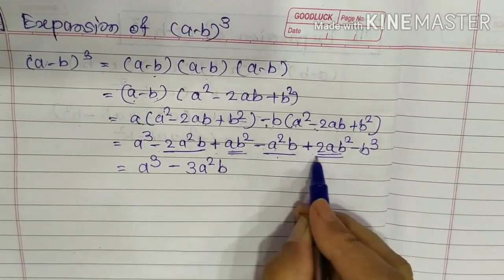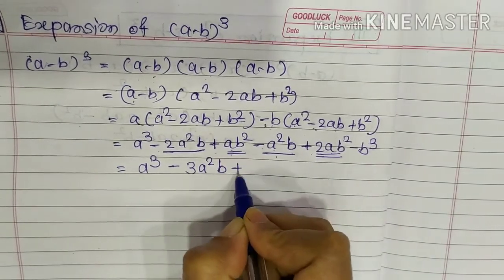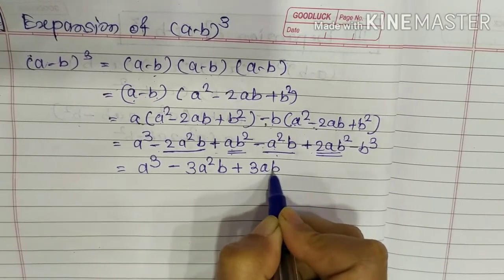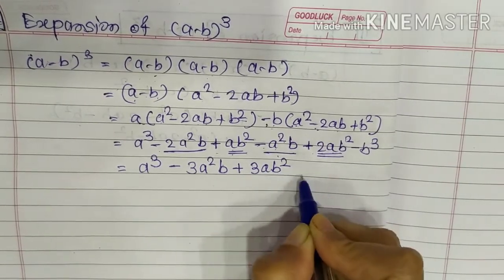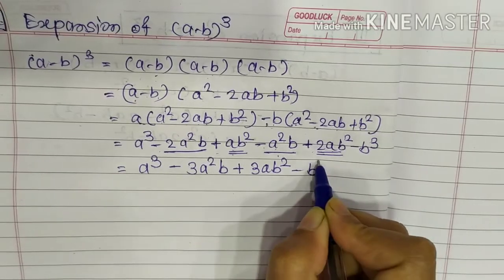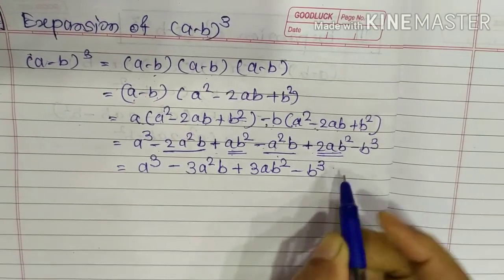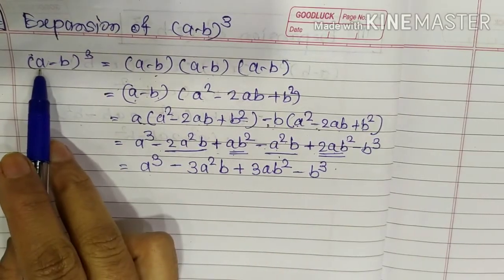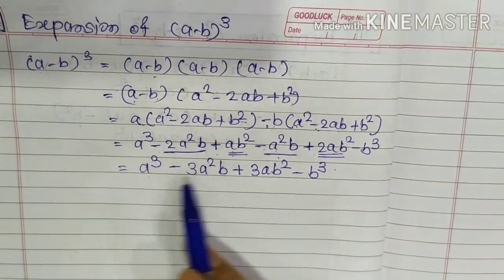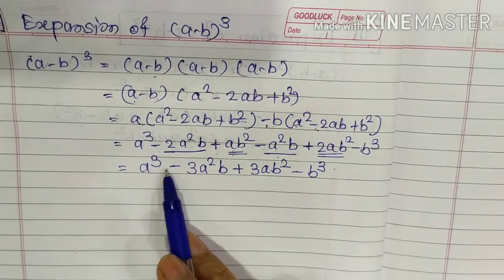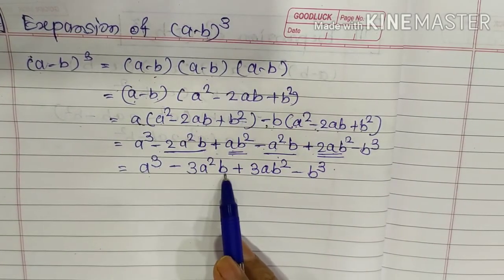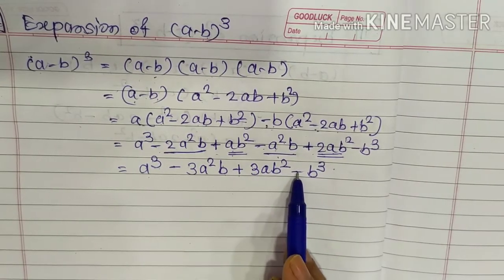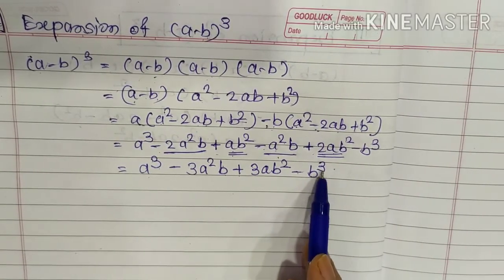This is plus and this is plus, hence plus 3ab square and minus b cube. So we get the expansion: (a minus b) cube is equal to a cube minus 3a square b plus 3ab square minus b cube.